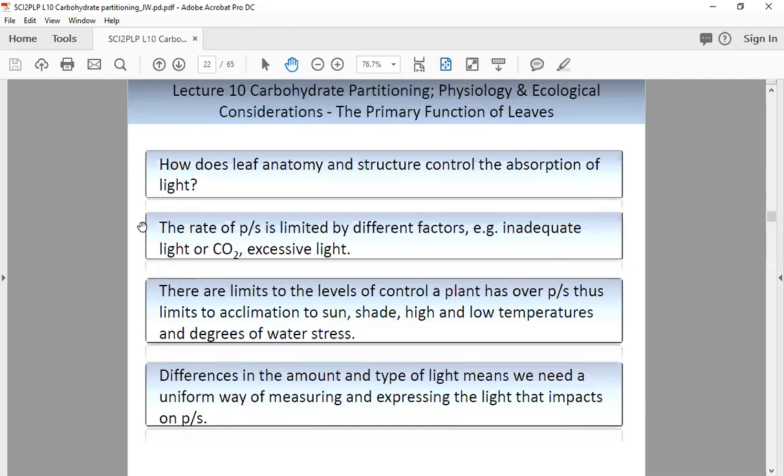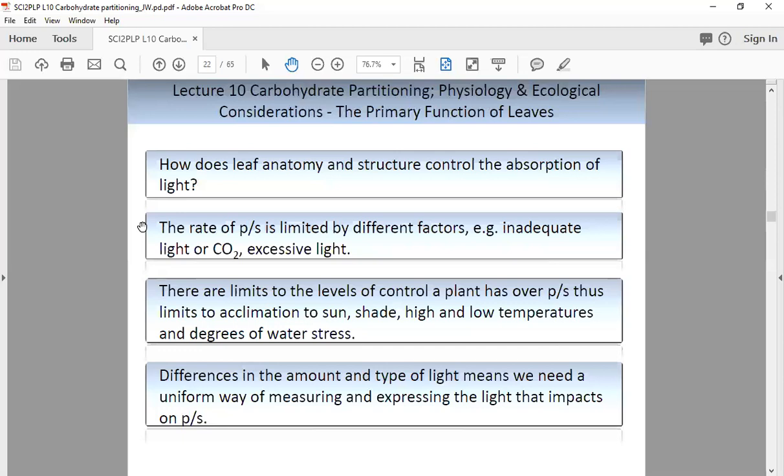And this, of course, reflects the capacity of plants to grow under different light environments. But of course, there are limits to the extent in which photosynthesis in a species can acclimate to different light environments. And under different conditions, the rate of photosynthesis is limited by different factors.